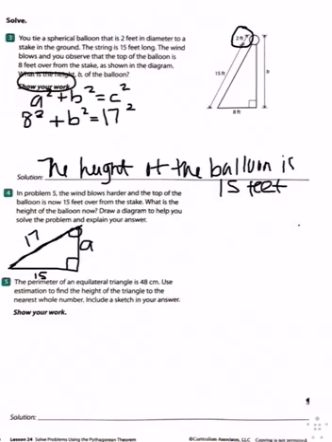To solve this problem, you set it up, so when you set it up, a squared plus b squared equals c squared.